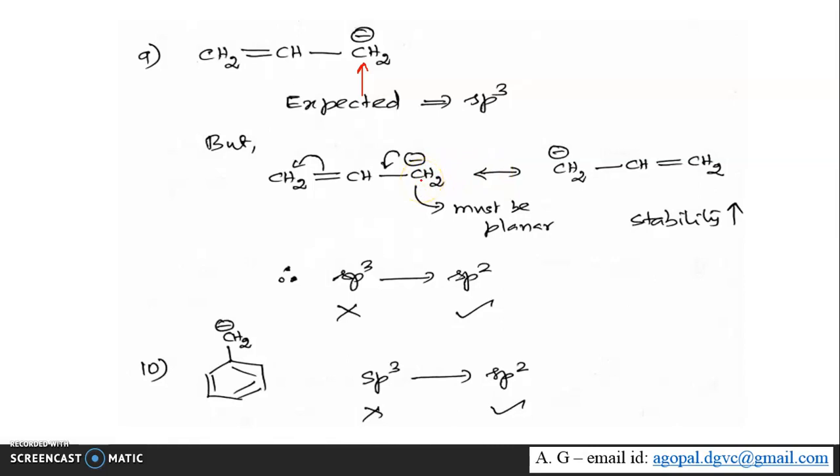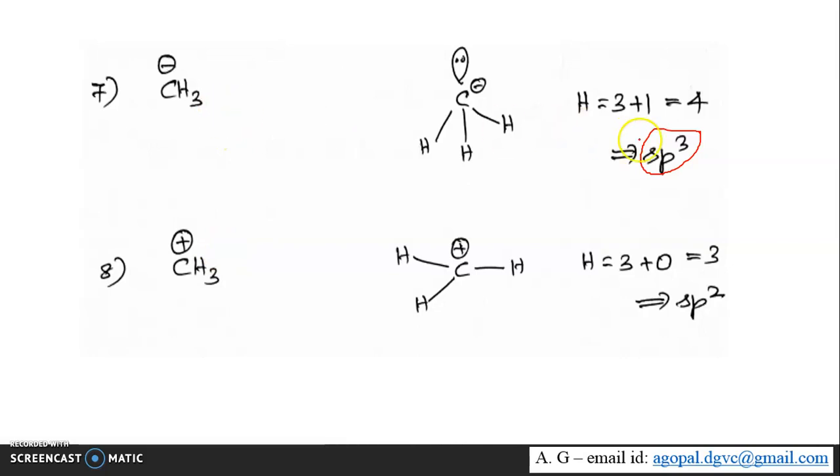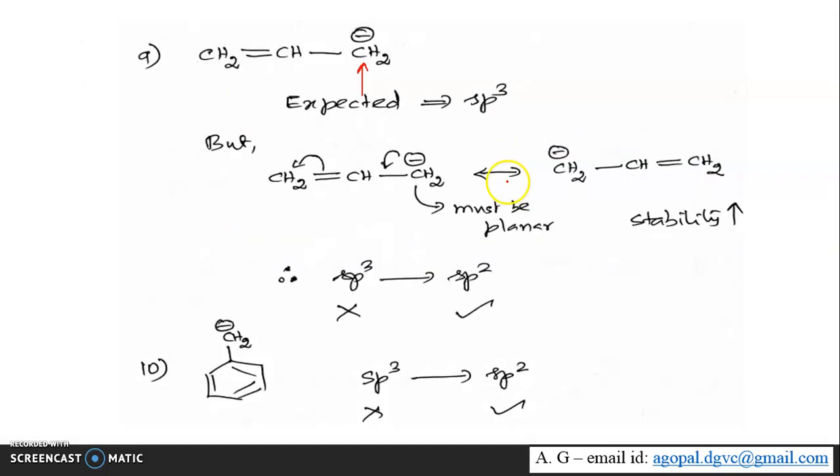But we know very well, the geometry of a carbanion is actually tetrahedral. So we expect this carbon to be tetrahedral, but in order to exhibit resonance, that carbon becomes planar. So the hybridization becomes sp2.